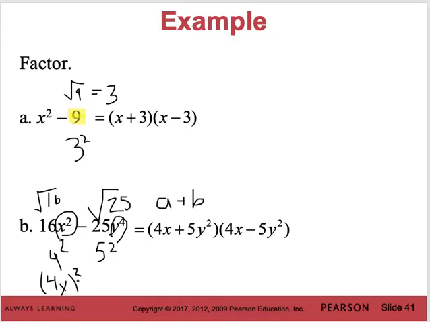So that's the same as saying our a is 4x and our b is 5y. But it's not just y squared, it was y to the fourth. So we had to start with y squared because 2 plus 2 is 4. So b was 5y. So a minus b is 4x minus 5y squared.